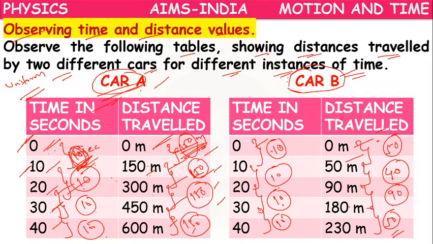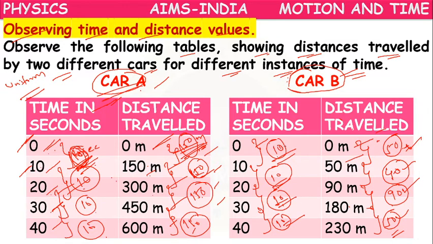So by this table, what can we tell? For equal intervals of time, the distances covered are not equal. In one case it is 50, in another it is 40, another 90, another 50. Means for same intervals of time, distances covered by car B are not equal.